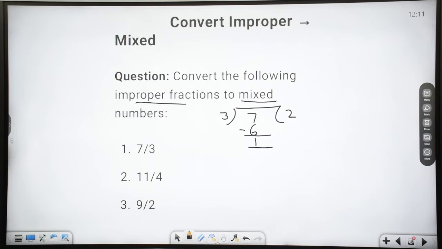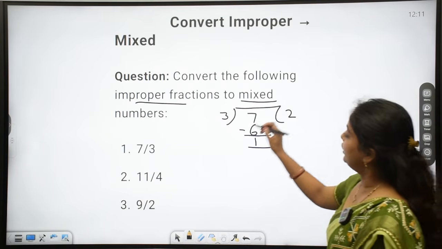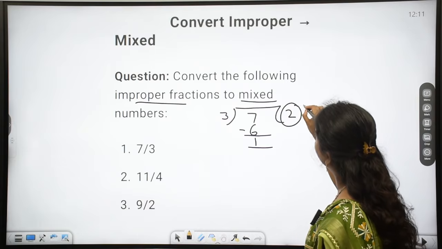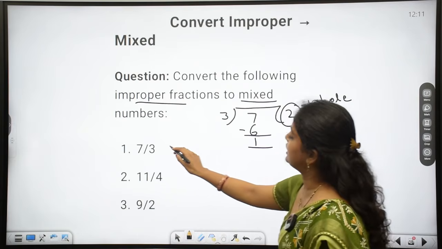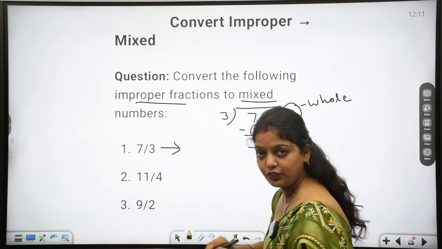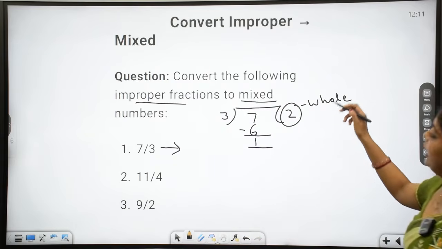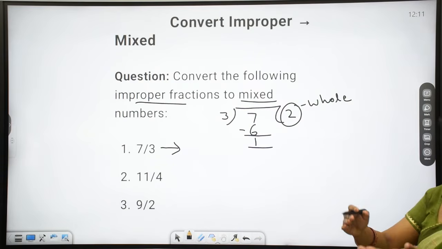Now how will we write it? We will take this quotient as a whole. We are changing this improper fraction into a mixed fraction, and we write a mixed fraction as a combination of a whole and a fraction.